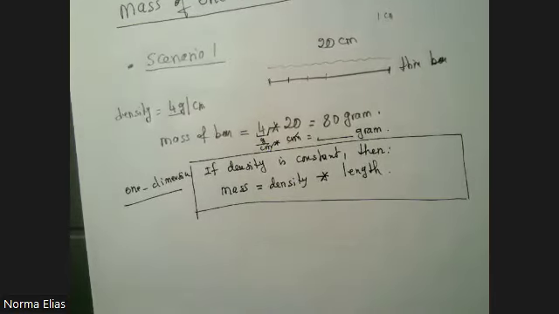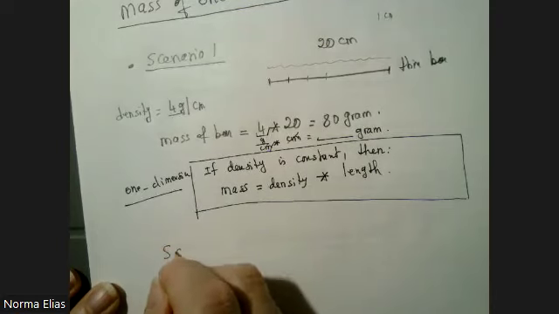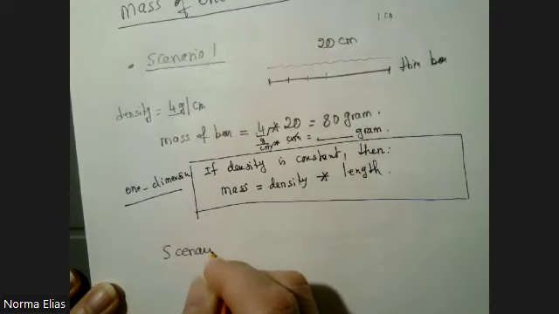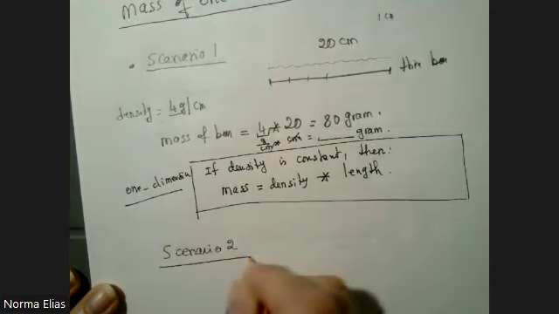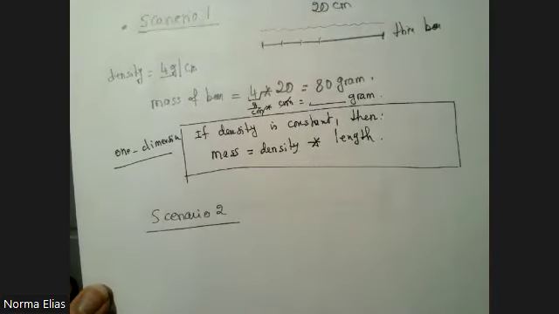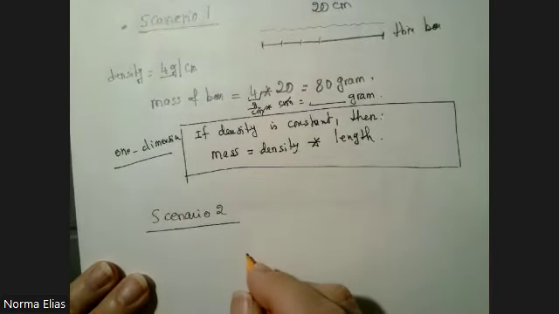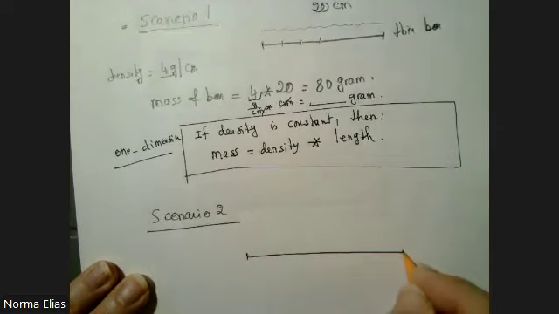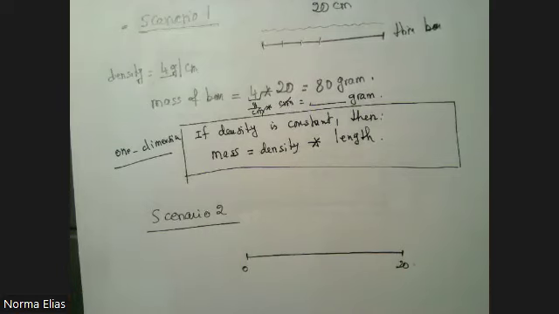Okay, scenario number 2. Second scenario. Let us say I have a bar, again, 20. But this bar now is made of two different kinds of metals. So it's not one kind, it's two different kinds.